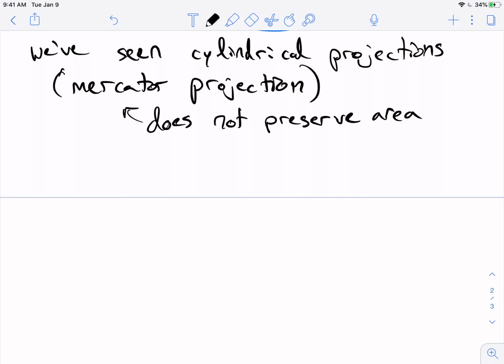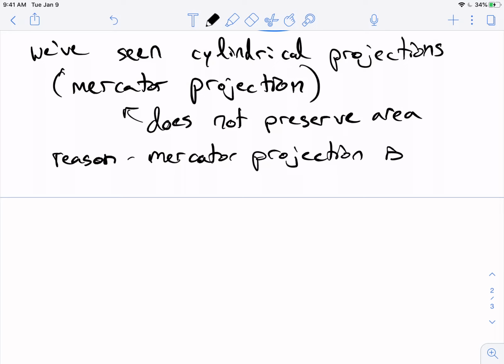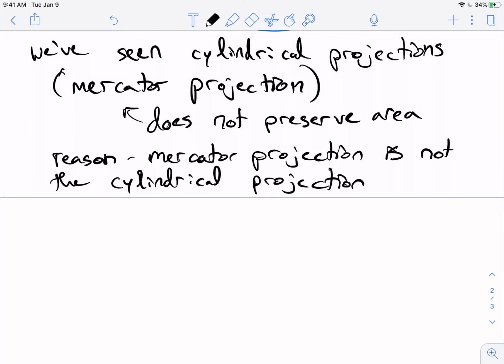So what's going on? We just proved that cylindrical projection preserves area, but we've been taught that Mercator projection does not. And the reason is that the Mercator projection is not the same as the one that we did. It's actually a different projection onto a cylinder. It's not the cylindrical projection that we just defined above.